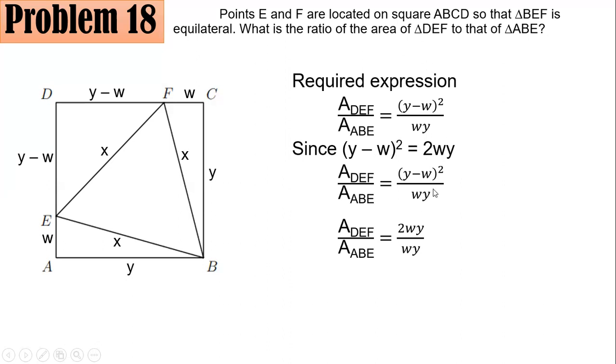So I substituted it. You see, this y minus w quantity squared became 2wy all over wy. So w cancels, y cancels. What is left is 2/1, or simply 2. So if you answered 2:1, 2/1, or 2, then you got it right.